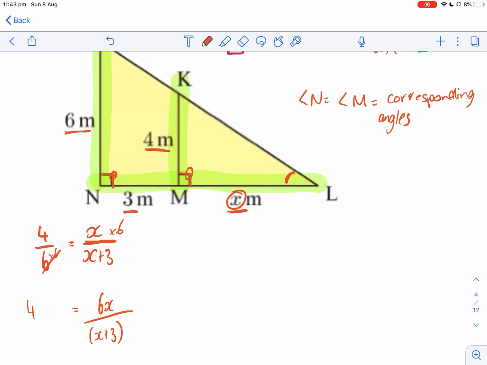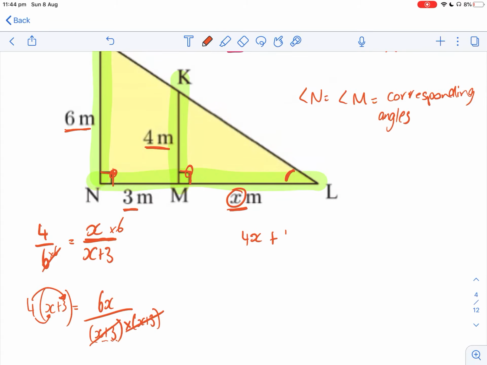Now I'm going to move all of this to the other side, so I'm going to times it by x plus 3. So then this becomes 4x, oh sorry, 4x plus 12 equals 6x.